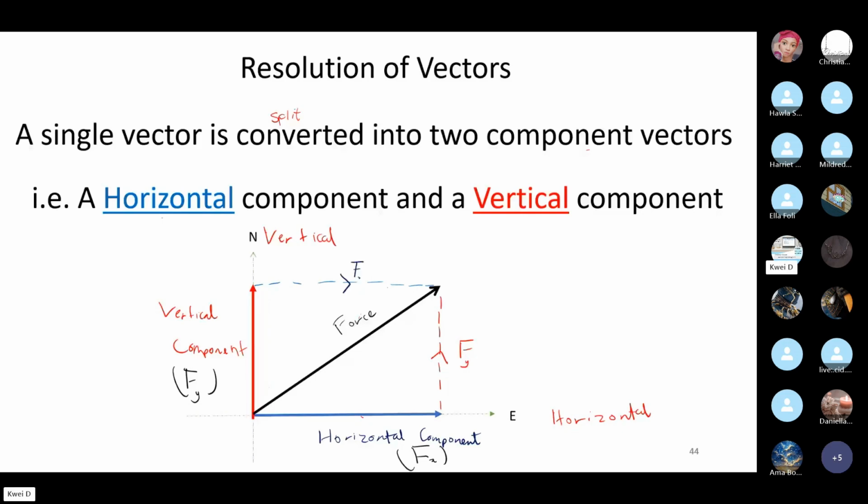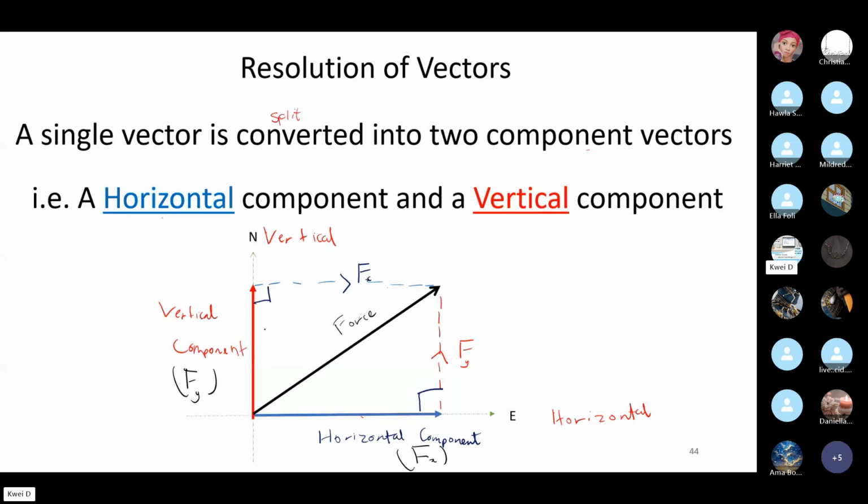Then, if you look at the triangle carefully, you can see that we have right angle triangles in there, the top one and the down one here. So that alone can help you to know the magnitude of the vertical component or the horizontal component. So let's take an example.